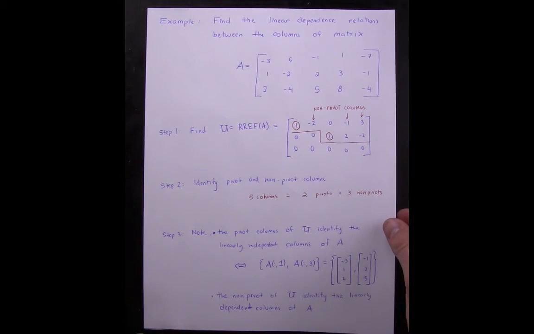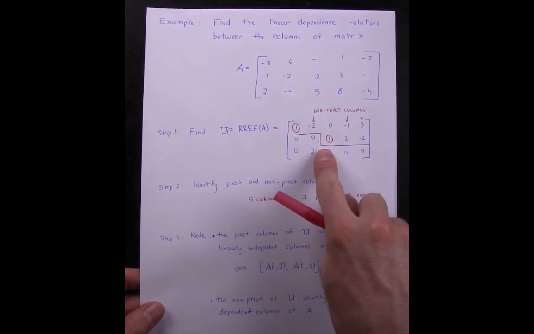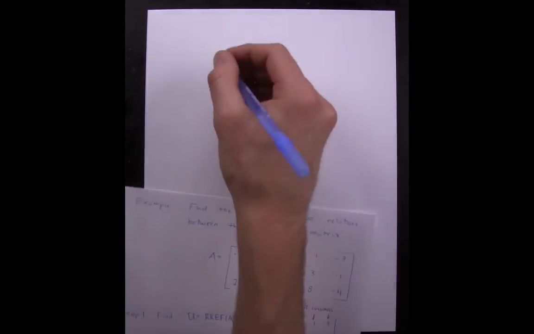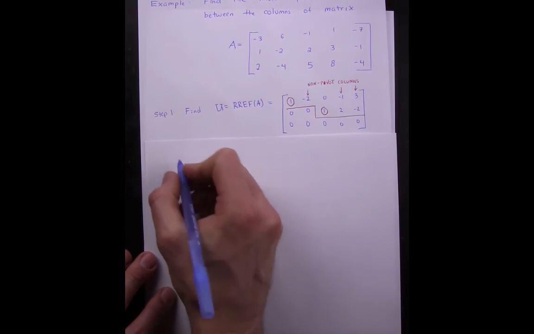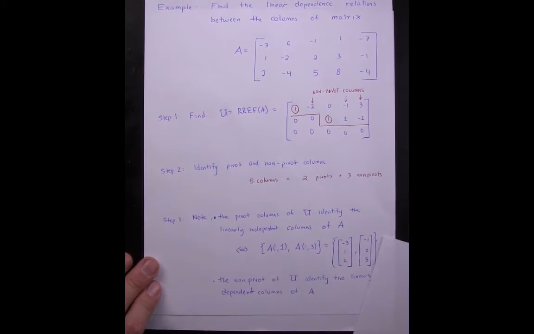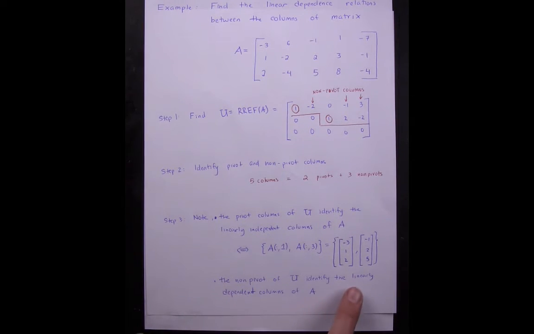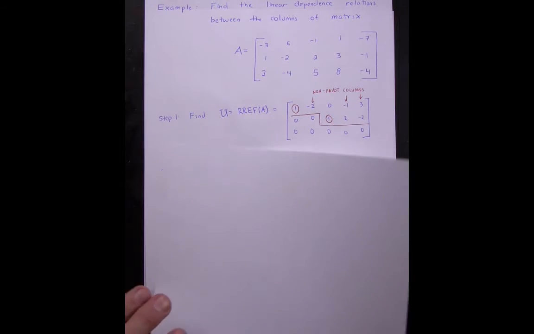Let's write those down so that we can capture that. Using the information that we see in the RREF form, we're going to relate those back to this. So we're still in step 3, which is to recognize the non-pivot columns as identifying linear dependent relationships.